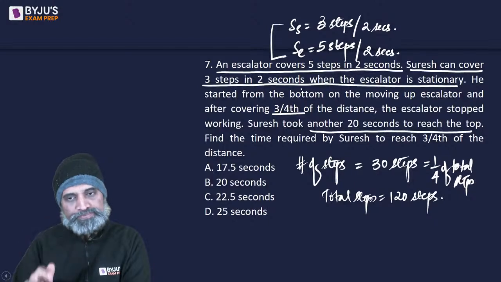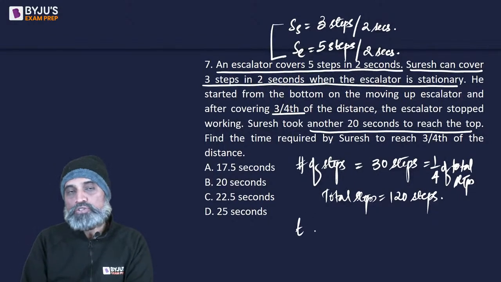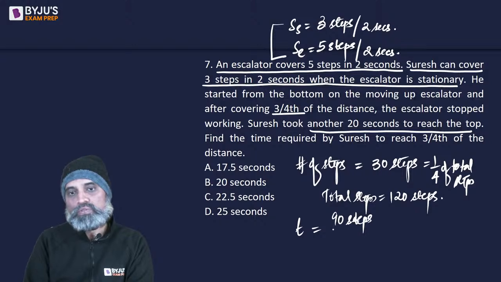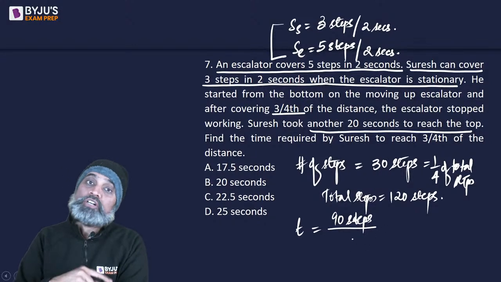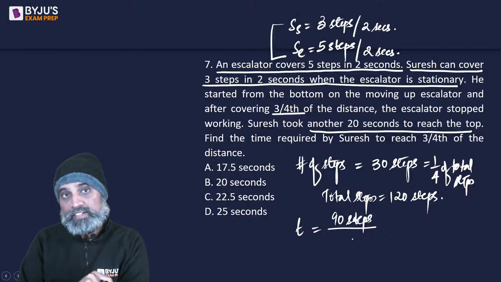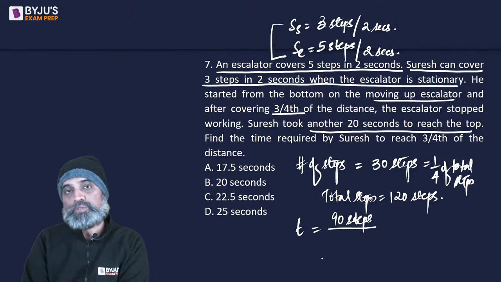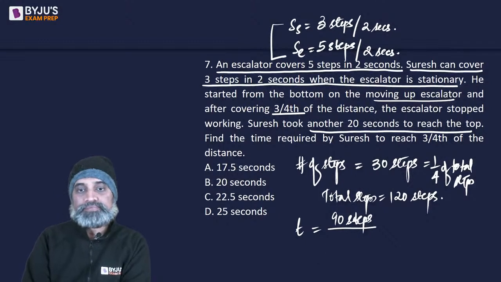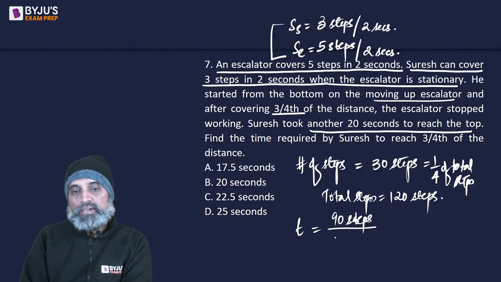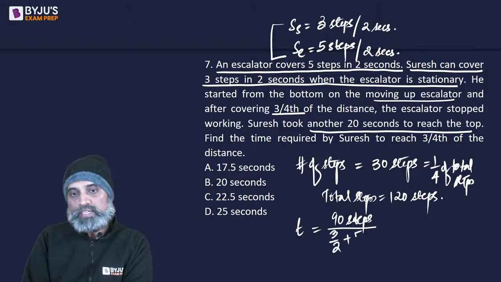Out of which 90 steps, that is 3/4, was covered by both Suresh and the escalator, and 30 steps alone by Suresh. Now, the time that Suresh will take: he has to cover 90 steps, but not alone, with the help of the escalator, and in the same direction, because the escalator is also moving upwards, right? So that is going to be 3 by 2 steps per second and 5 by 2 steps per second.